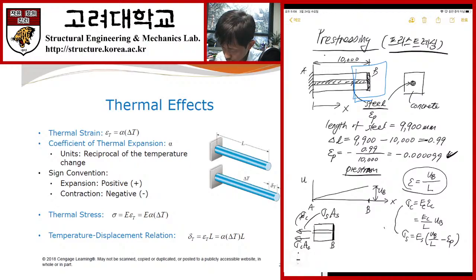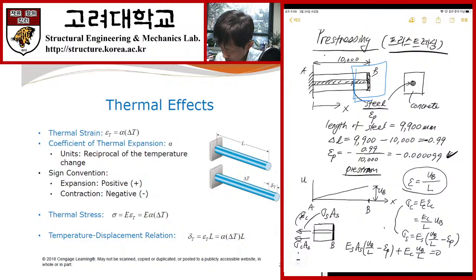So from these two, E_s A_s (u_B / L minus epsilon_P) plus E_c A_c u_B / L should be equal to 0.